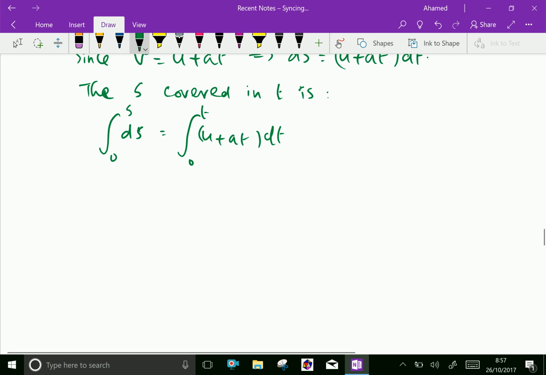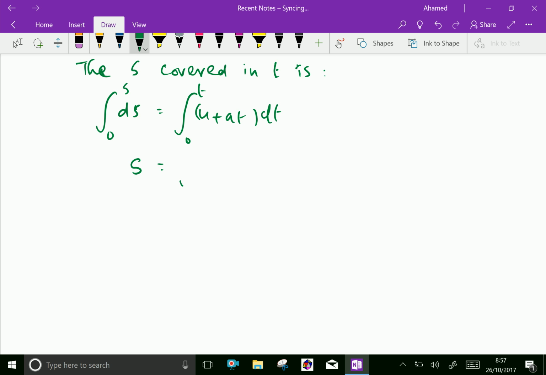Now we can expand this. The integral of ds with respect to the limit 0 to s is s. On the right, first distribute u plus at into dt, that is the integral of u dt plus the integral from 0 to t of at dt.